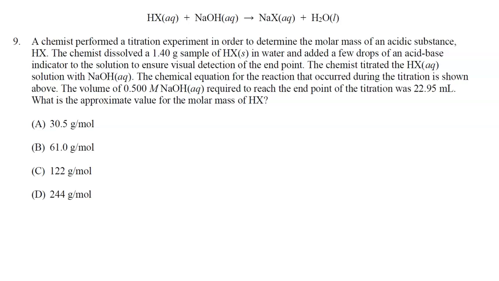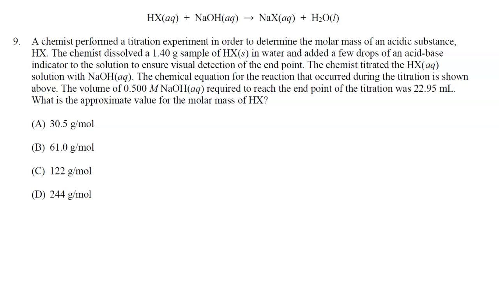So question 9 says, a chemist performed a titration experiment in order to determine the molar mass of an acidic substance HX. The chemist dissolved a 1.40 gram sample of solid HX in water and added a few drops of an acid-base indicator to the solution to ensure visual detection of the endpoint.